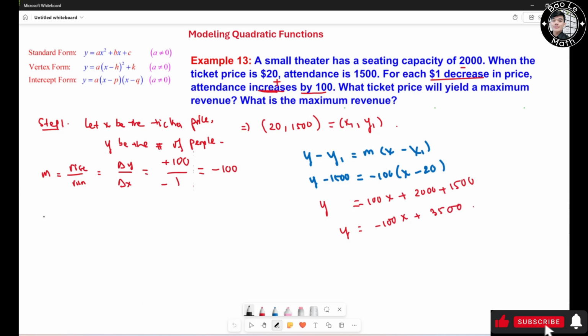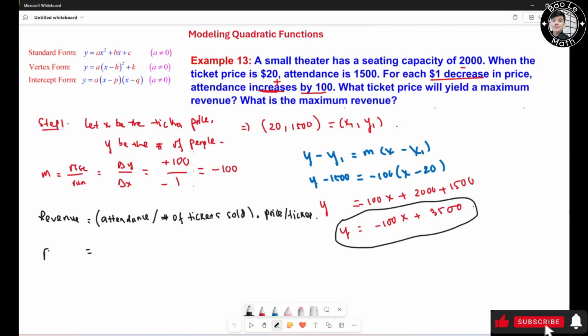So the revenue is going to be attendance, the number of tickets sold, times price per ticket. Alright, so we just substitute the attendance, the number of tickets sold, is this right here.